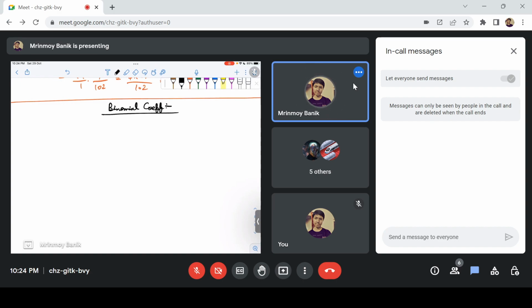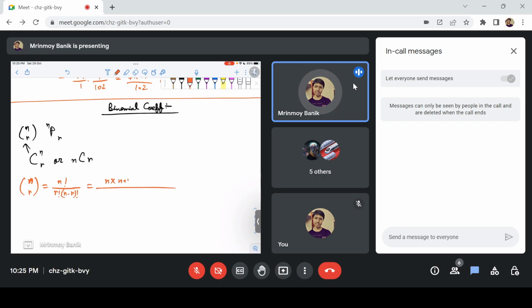Just for recap, nCr, nPr, this is also sometimes written like this or even like this. So nCr is equal to n factorial by r factorial times n minus r factorial.